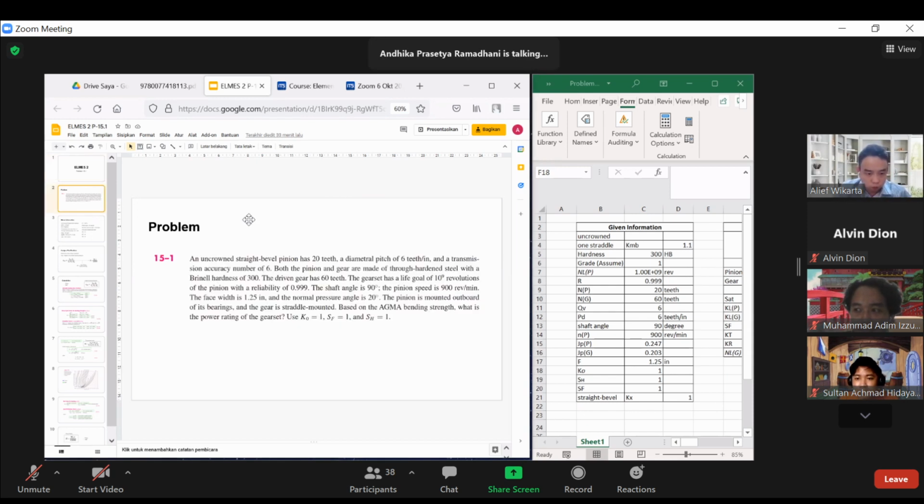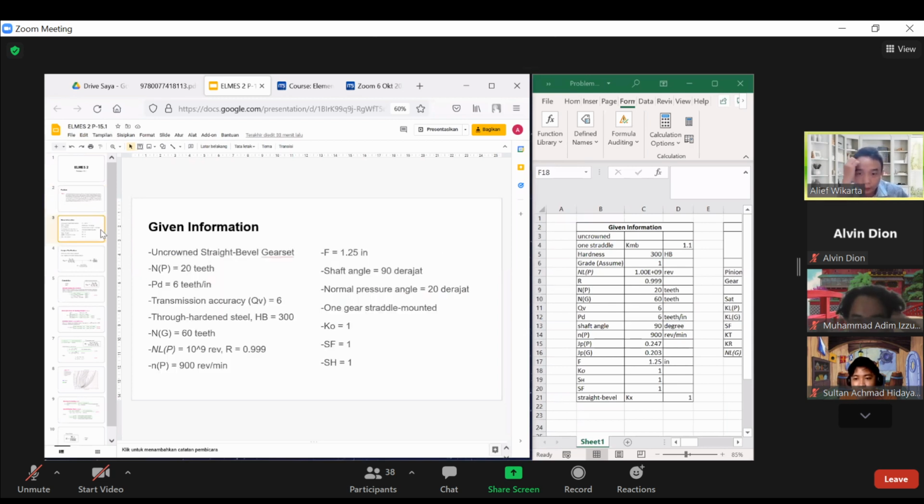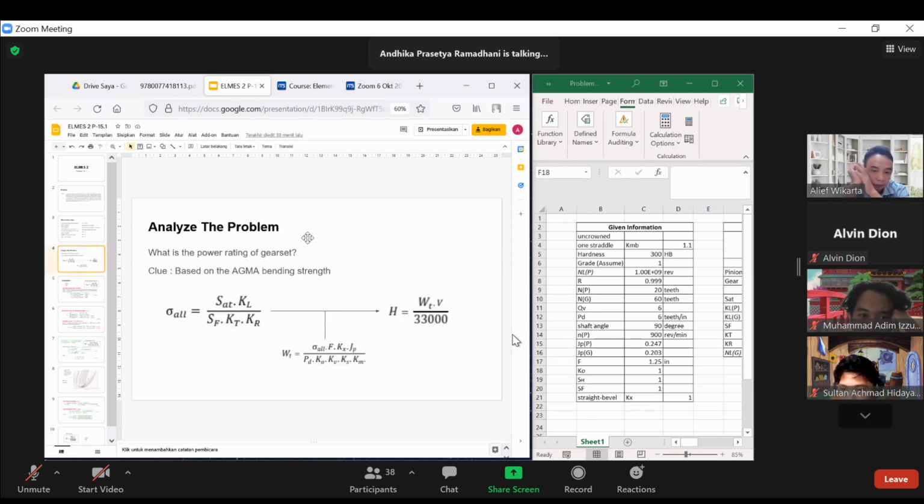I think we can read this problem by ourselves. This is the given information: an ungrounded straight bevel gear set, with the number of teeth of the pinion 20 teeth, diametral pitch 6 teeth per inch, and so on. Next, to analyze the problem.